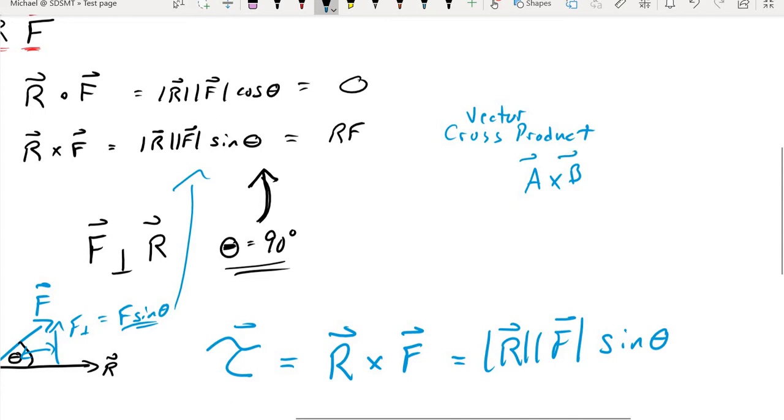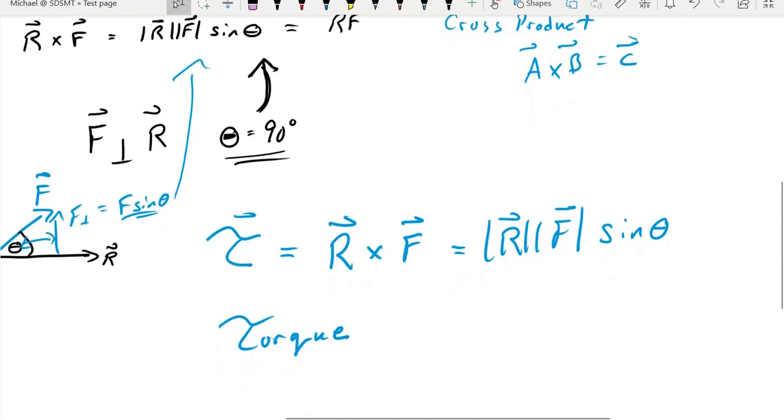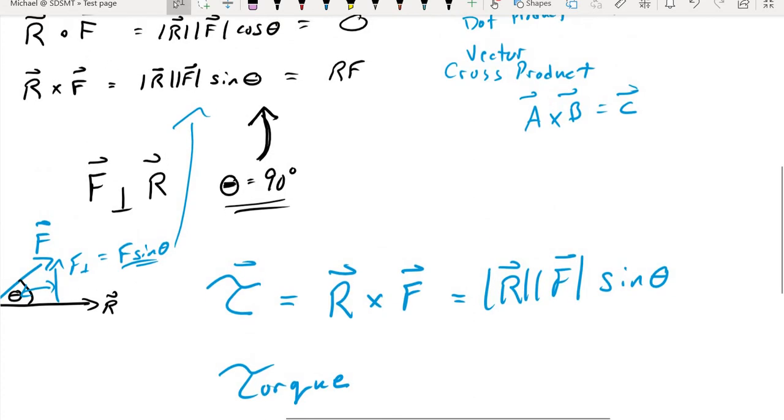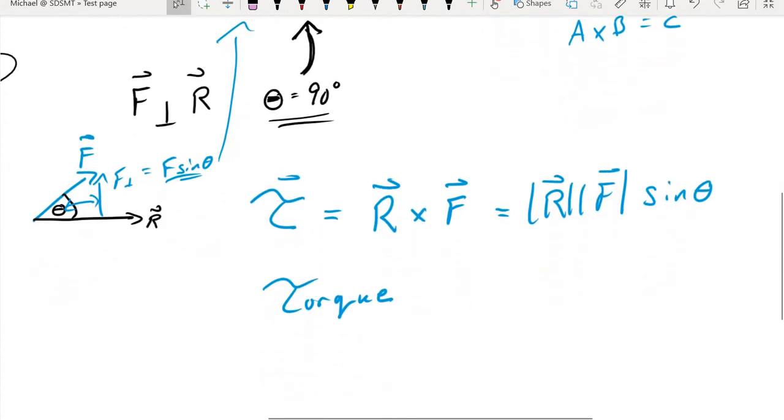Anytime you take the cross product of two vectors, the result is another vector. The dot product, also known as the scalar dot product, always results in a scalar. So in that case, we take two vectors and we turn it into a scalar. With the cross product, we're turning our two vectors into a new vector.